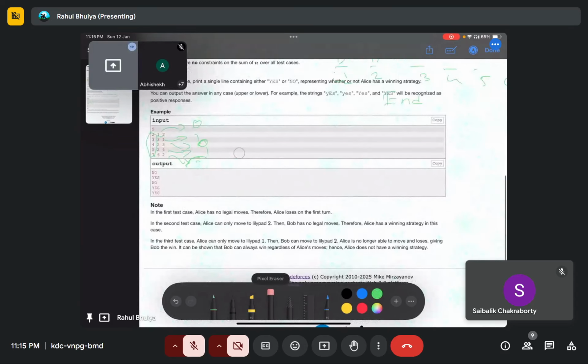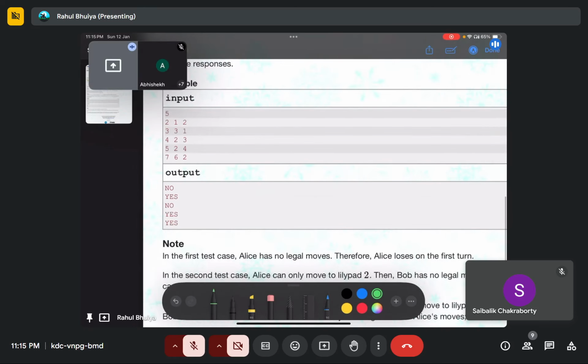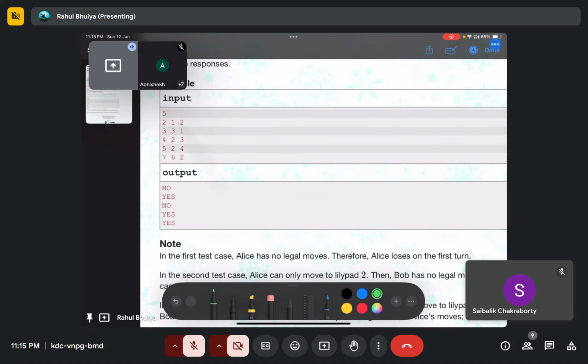So the main thing was to see the difference between them. How many lily pads are there in between? Like here it is 0, here it is 1, here it is 0, here it is 1, here it is 3.